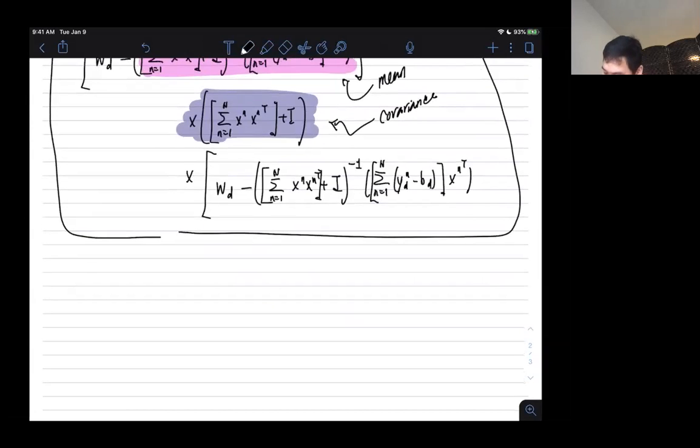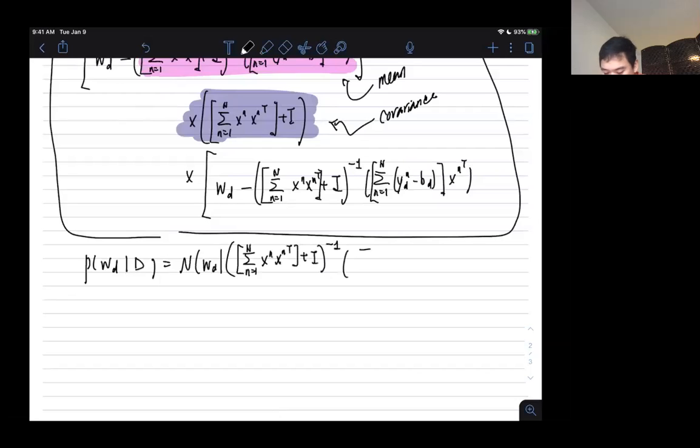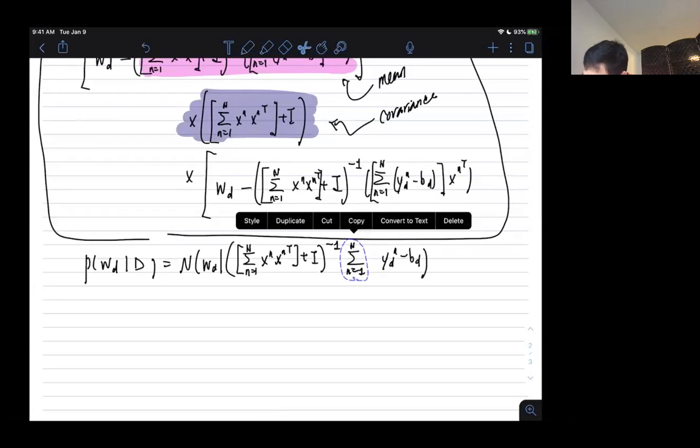What we are seeing is that the probability of WD, so WD is a single column in this Wayne matrix, given our data D, which consists of many examples, is going to be the Gaussian distribution, where the mean is going to be the inverse of the sum n going from 1 to capital N, xn xn transpose, plus identity, times the sum n going from 1 to N, y dn minus bd, times xn transpose, I think it should be transpose.